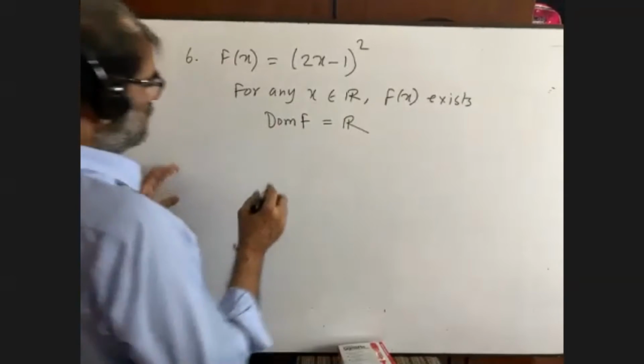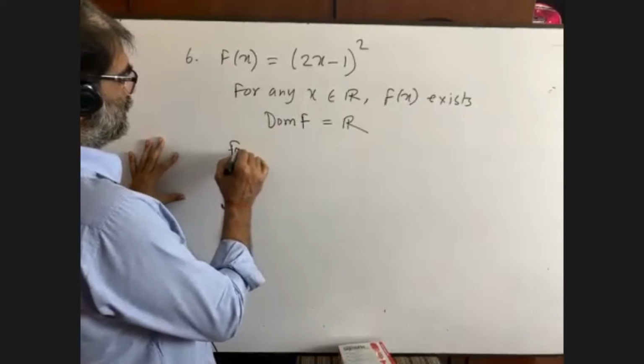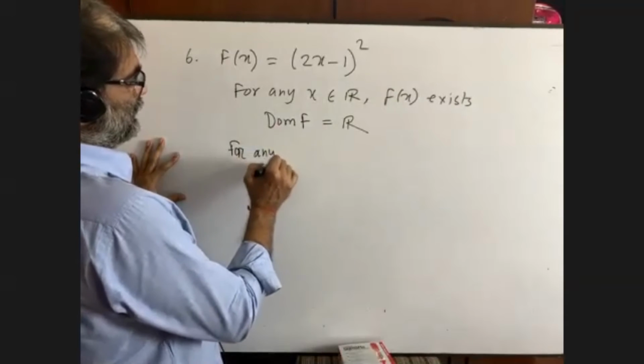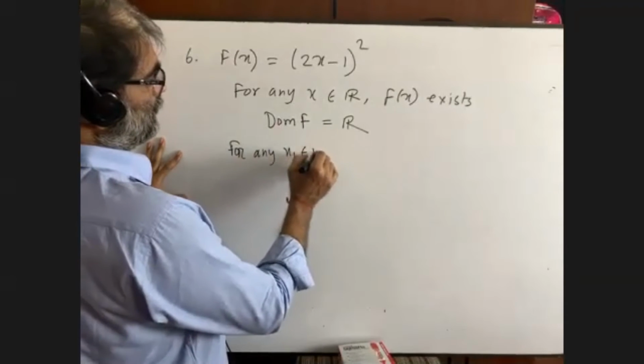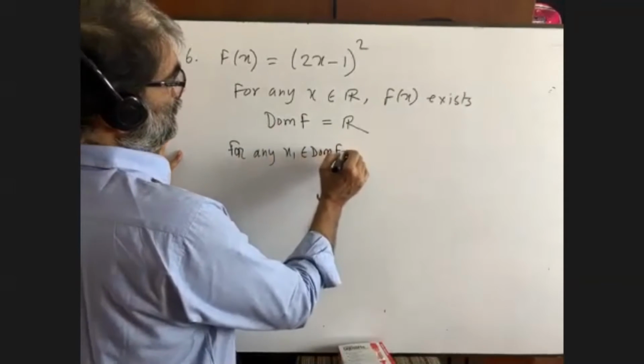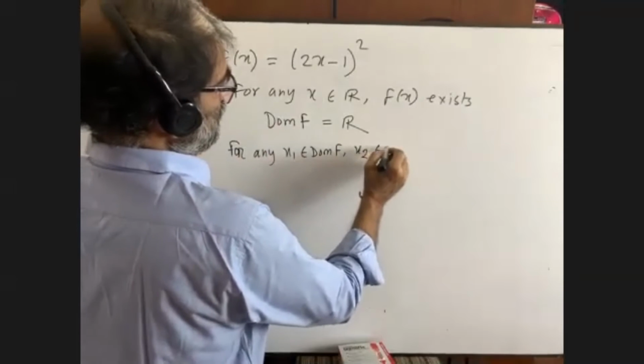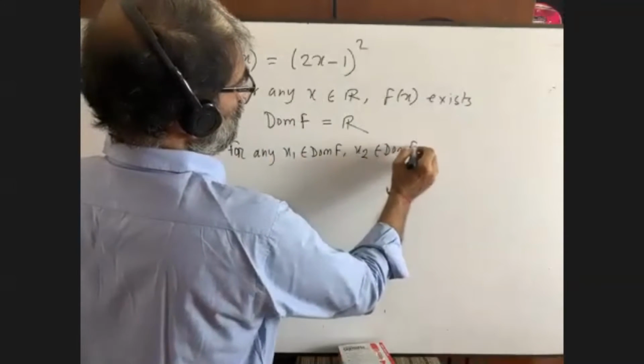So what will I write? Write down for any x1 belongs to the domain, x2 belongs to the domain.